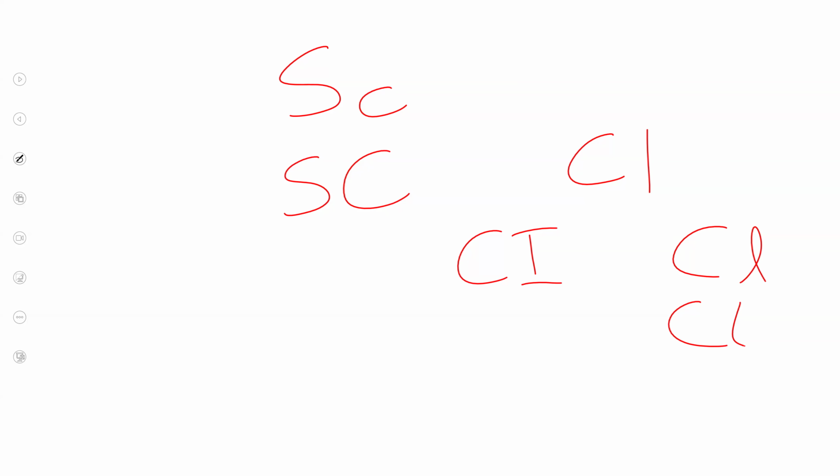I'm not going to give you a periodic table. If I write Sc, you have to write scandium. If I write C, you have to write carbon. No numbers. You don't have to know where it is on the periodic table. You just have to be able to say symbol to name and name to symbol.